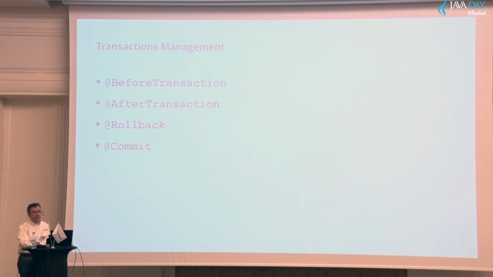I may eventually use this commit annotation, but in most cases you will not want this because we are talking now about testing, not about the real life application when you get transactions that you need to commit. You want to test, you want to check that your application is correctly integrating with the database, and after working with the database, you leave things clean behind you.